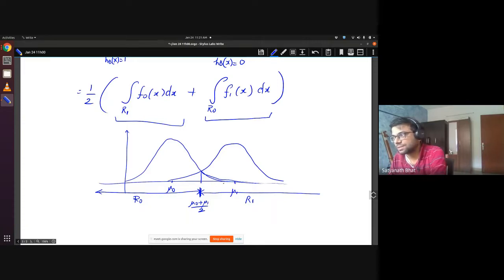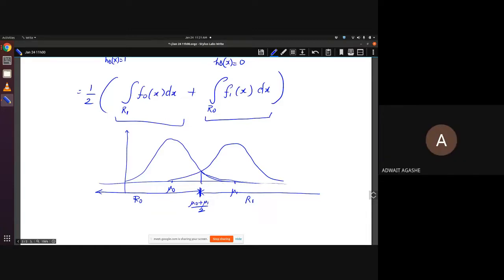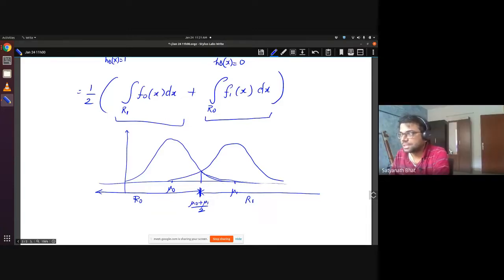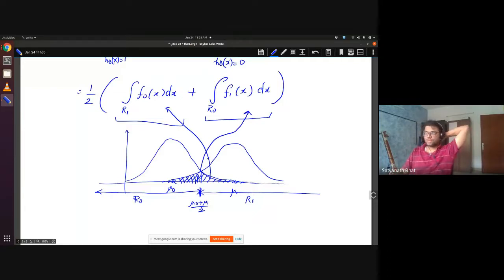But under the first curve, so you are integrating f0 for this, and this double hash is for this. So this is what you will get by integrating these pieces.